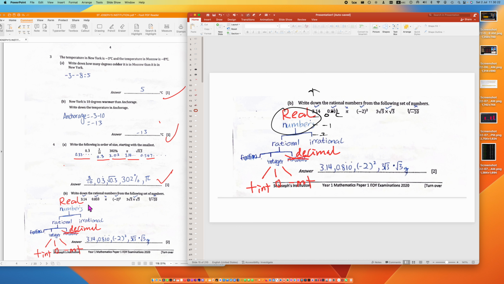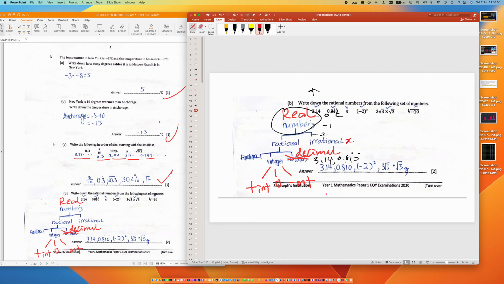Okay, so it says write down the rational numbers from the following set. So 3.14 is under decimal, right? Then 0.810 is under decimal also. Then pi is under what?